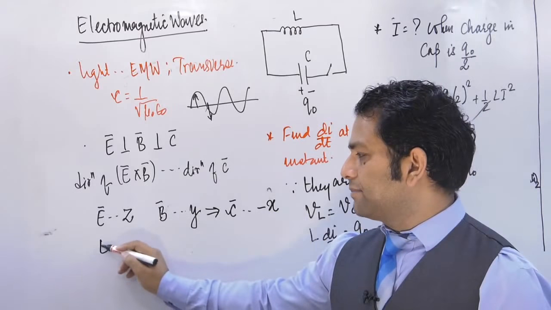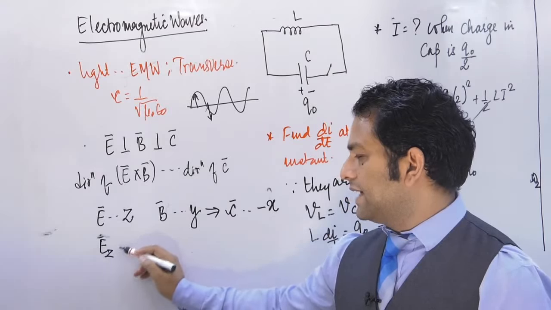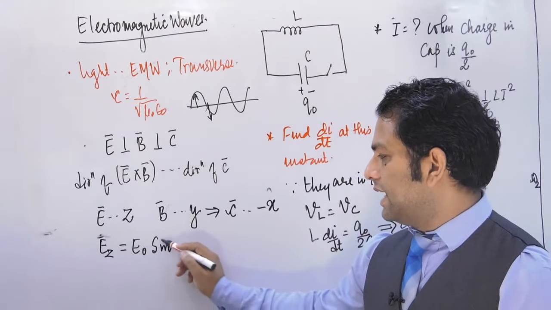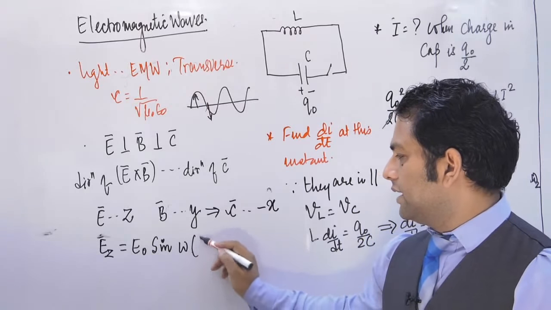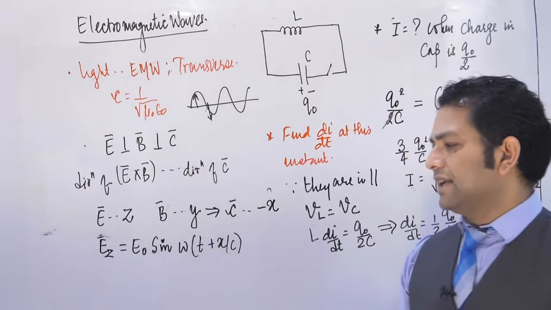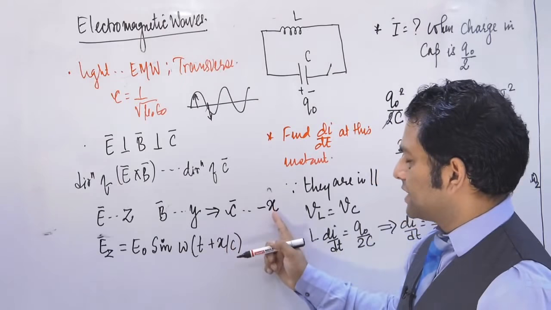How would the wave be represented? That would be represented in this way. Ez is equal to E naught sine of omega t plus x by c. Recall the wave lesson. This is the direction of the wave, x direction.